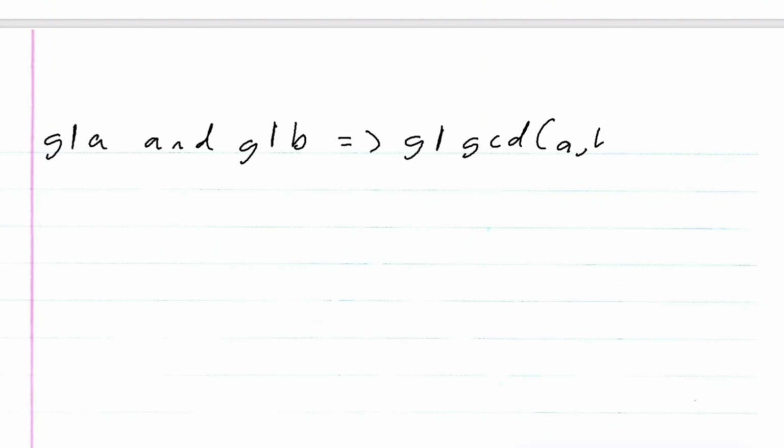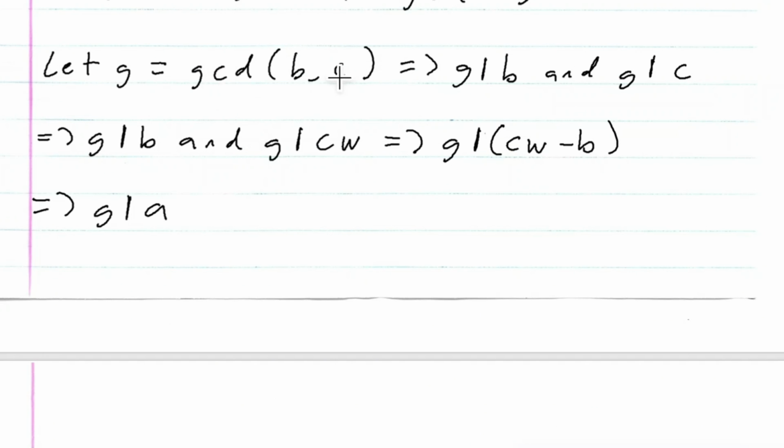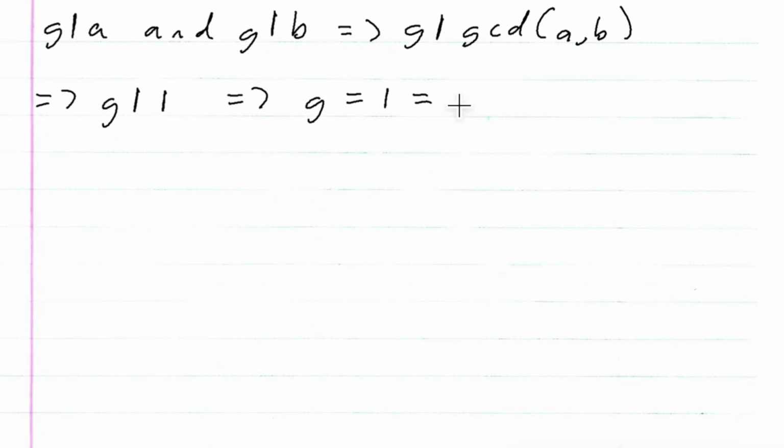This means that G divides A and G divides B, which implies that G divides the GCD of A and B, which means that G divides 1, and then of course this means G must be equal to 1. And remember, we set G to be equal to the GCD of B and C. Okay, and then we're done.